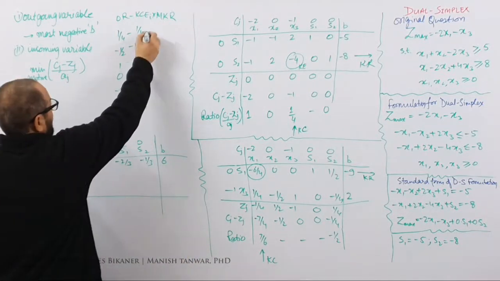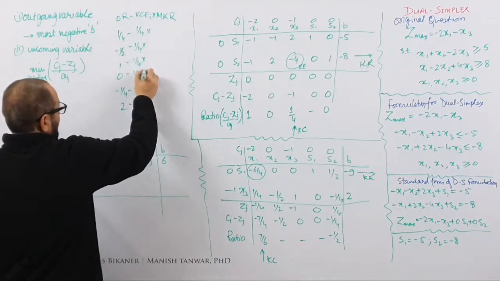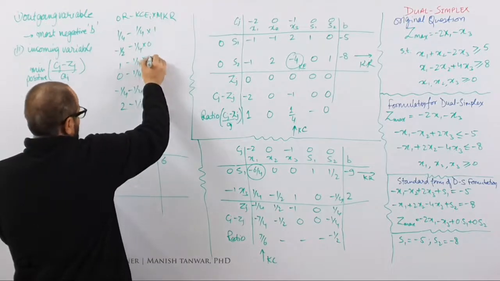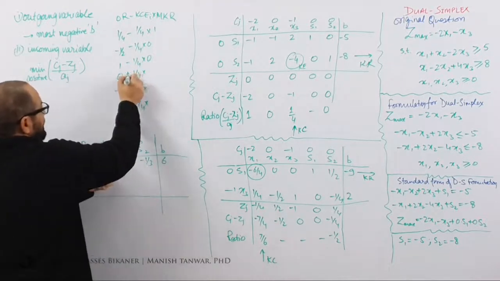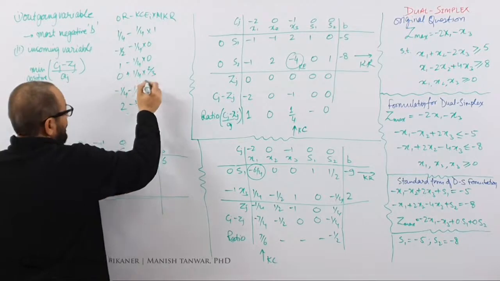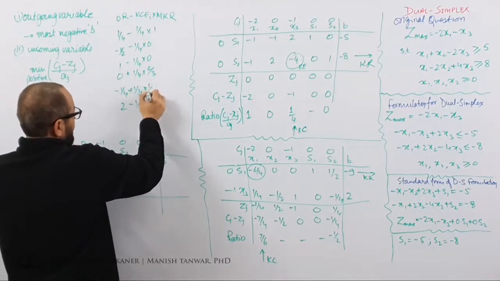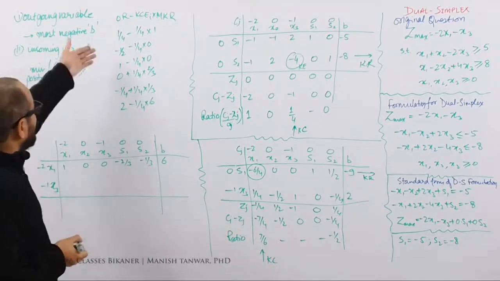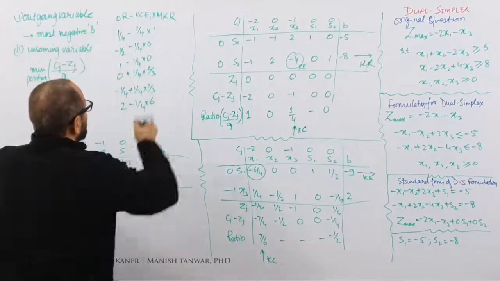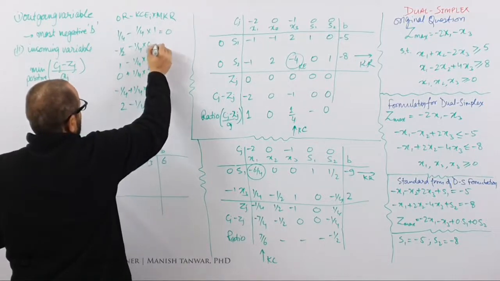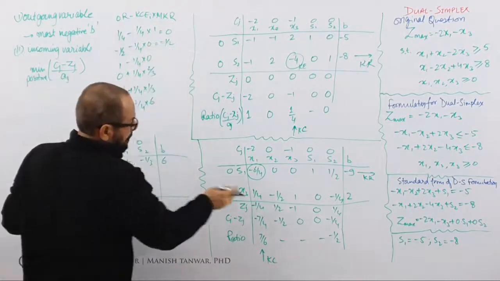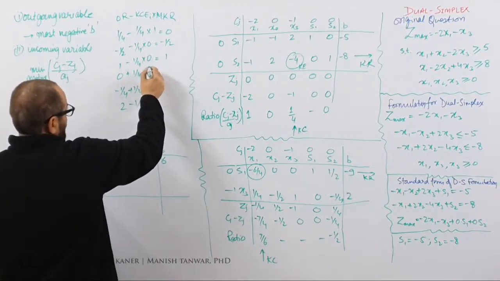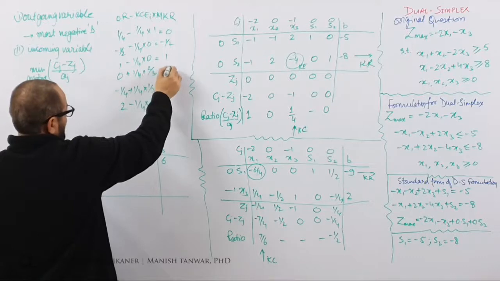Here we have our modified key row. We have a 1, 0, 0, 1, 0, 0. Then there is a minus 2 by 3, so this minus comes here, 2 by 3. Then again a minus 1 by 3. Then there is a 6. We can solve it. 1 by 4 minus 1 by 4 would be a 0. This will be a minus half. This will be a 1. Here we will be having a 2 by 12, making it a 1 by 6.